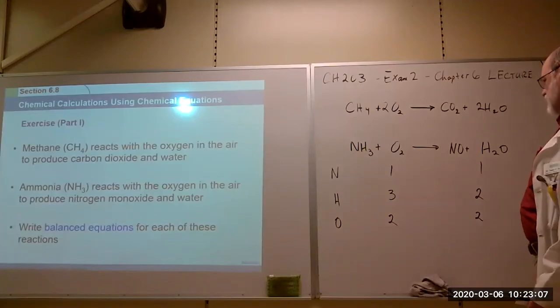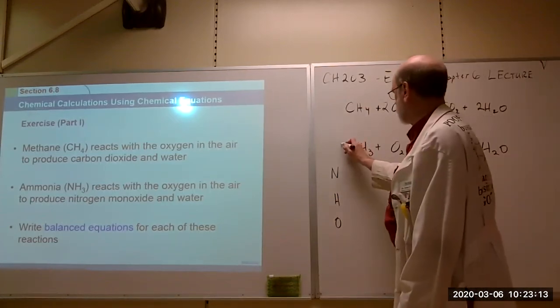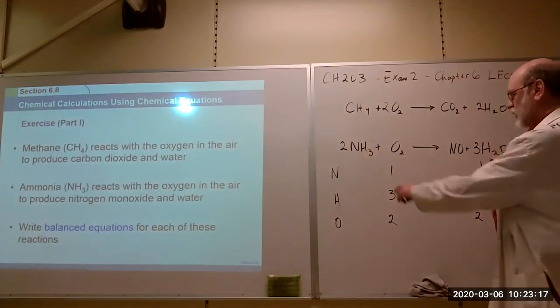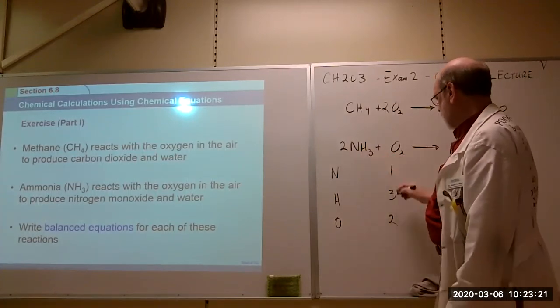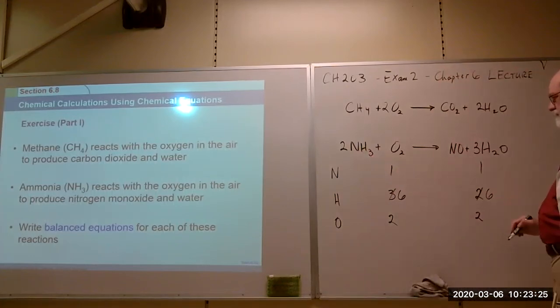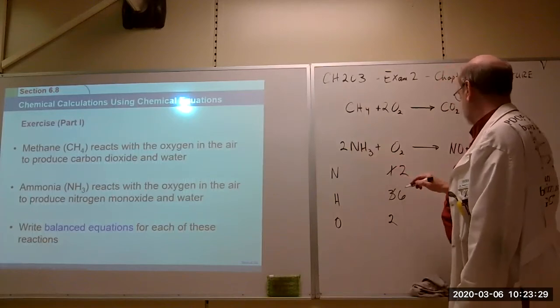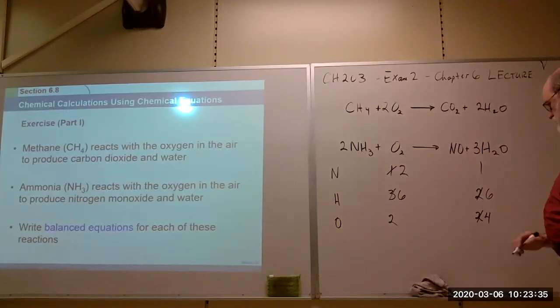Well, there's another trick. It's called cross multiply. If we say 2 times this one and 3 times this one, because that's where our hydrogens are, then that gives us 6 hydrogens here and 6 hydrogens here. Then we change this one to 2 for a nitrogen, and this one has affected oxygens, which are 3, 4 oxygens. Okay.